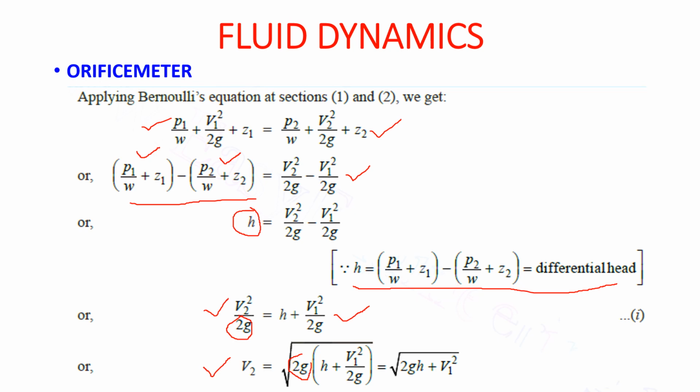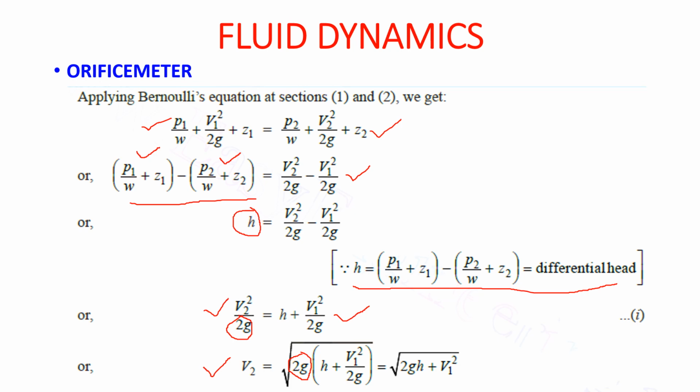So this is under root, because V2 square was there, so taking square root on both sides. V2 is equal to under root of 2G into H plus V1 square by 2G, the whole under square root.